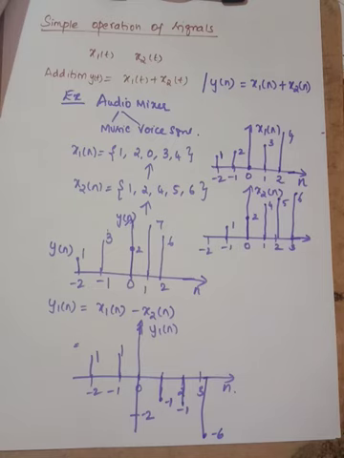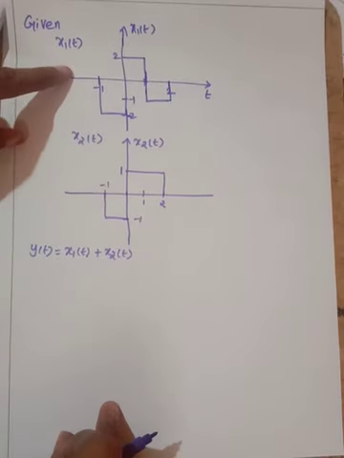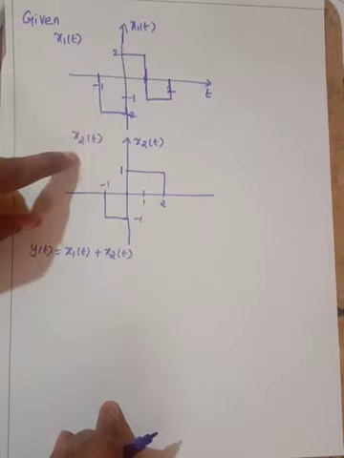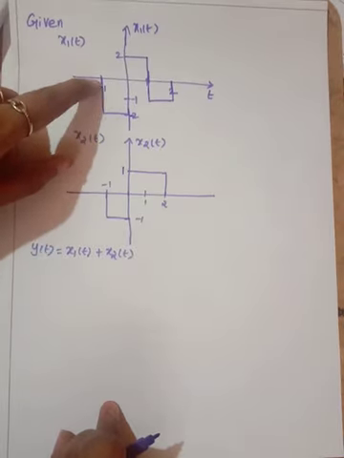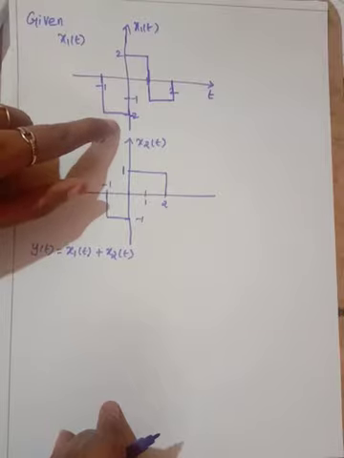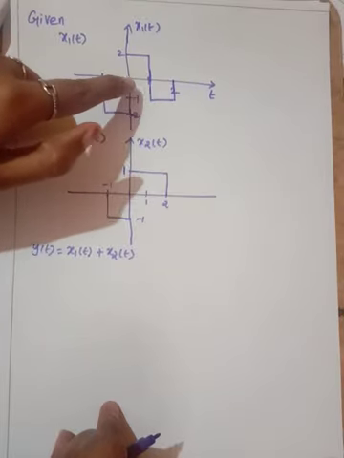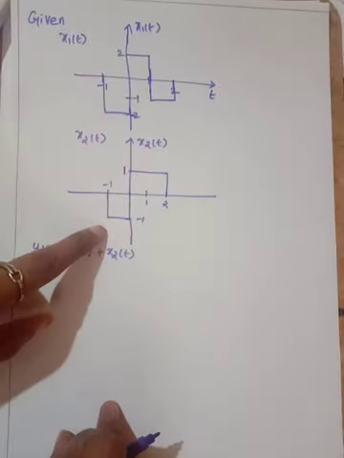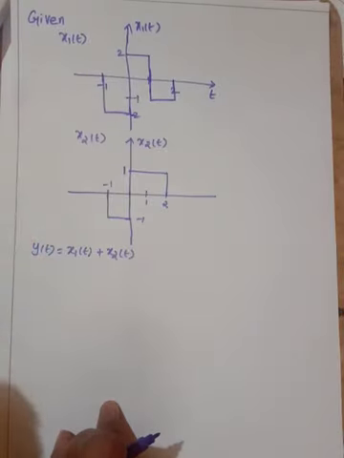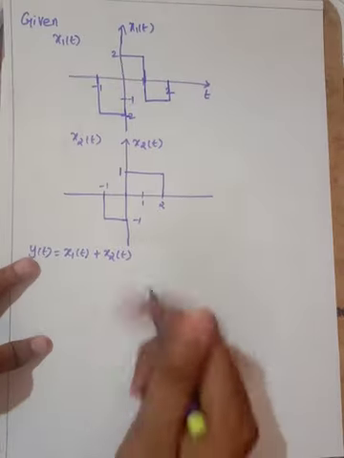Now we will see some examples. Consider these two continuous time signals, x1 of t and x2 of t. From -1 to 0, the value is -2. From 0 to 1, the value is 2. From 1 to 2, the value is -1. Similarly, x2 of t has values over some ranges, and we need to add these two signals.